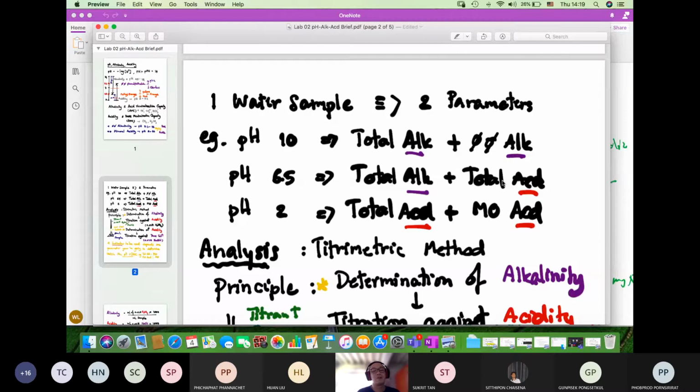But for a sample with pH 2, you can find total acidity and mineral acidity. So in one water sample, there are two parameters we can determine.